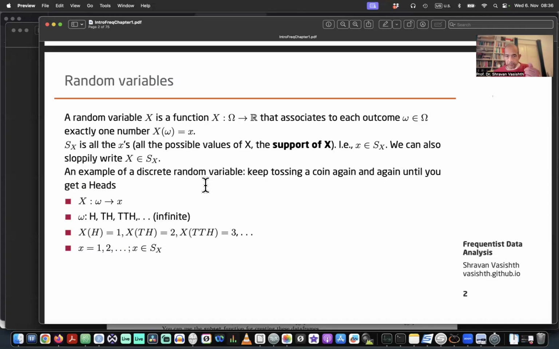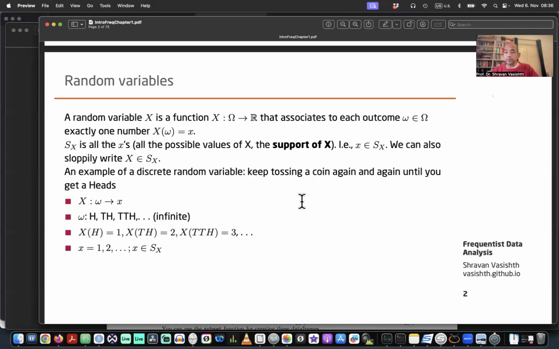You toss a coin once, and you keep tossing the coin again and again until you get a heads, right? So what could happen is you toss it, you end up getting a tails. So in that case, you toss it again. And the second time you might get a heads, right? So these are possible outcomes.